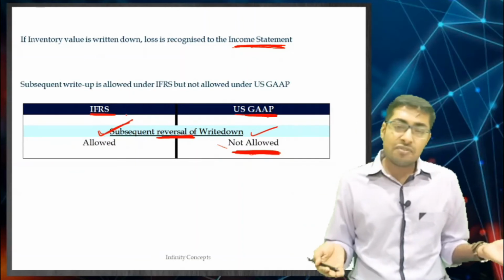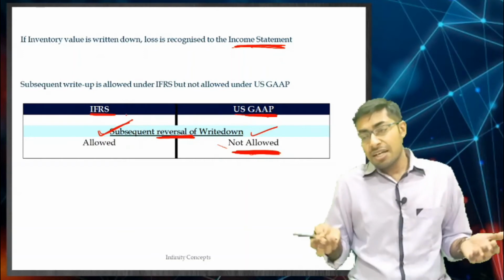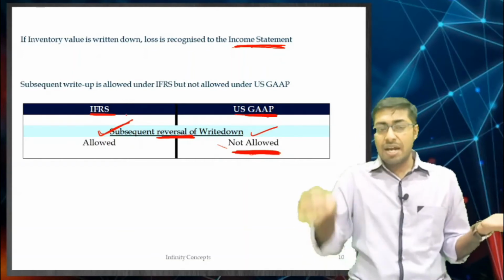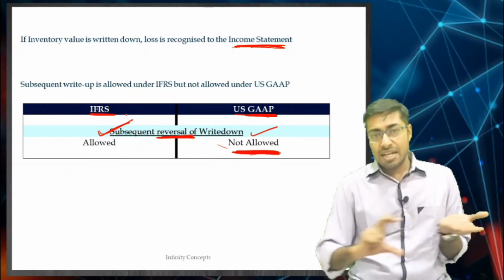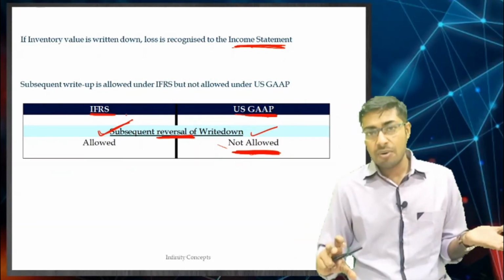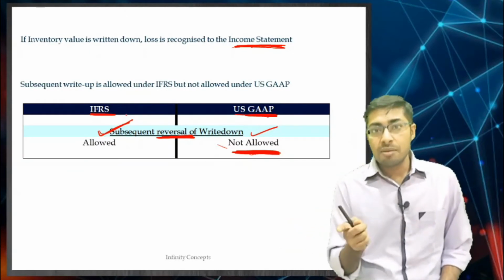And if, for example, next year this value goes from 80 again to 110, then whatever $20 hit, write down, you have taken needs to be reinstated. IFRS will allow you to take it back in the income statement.